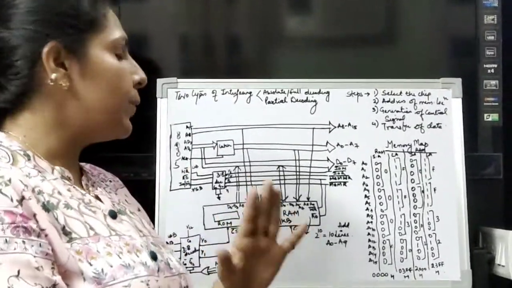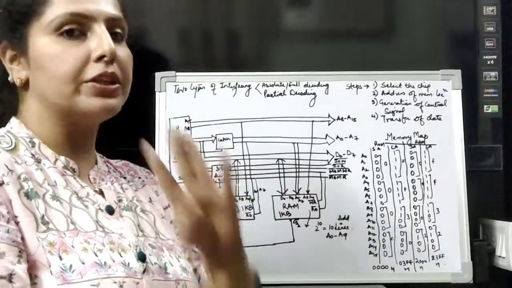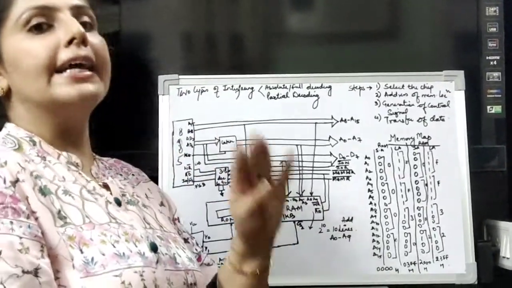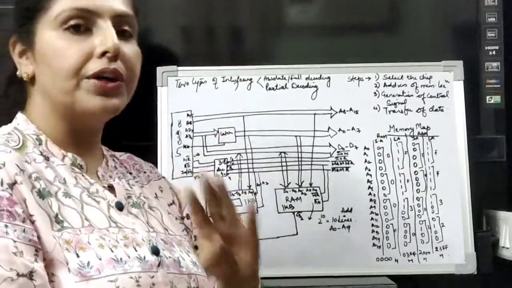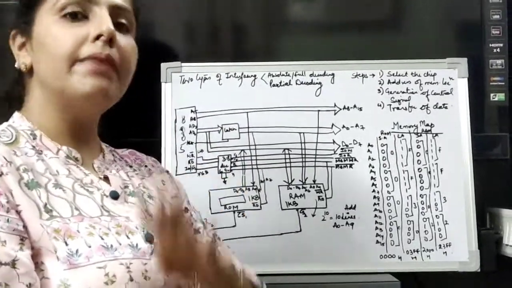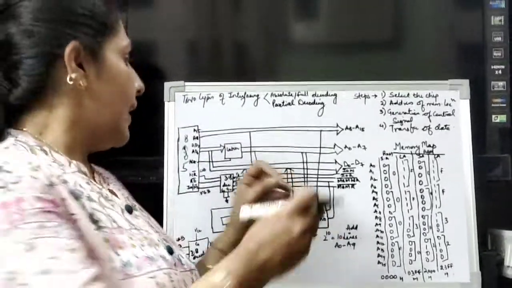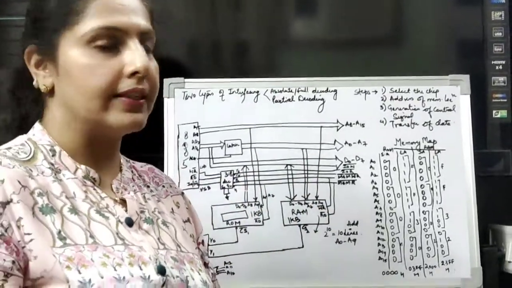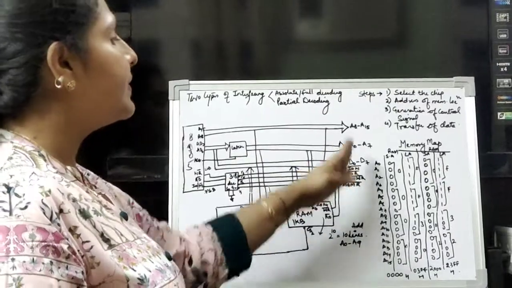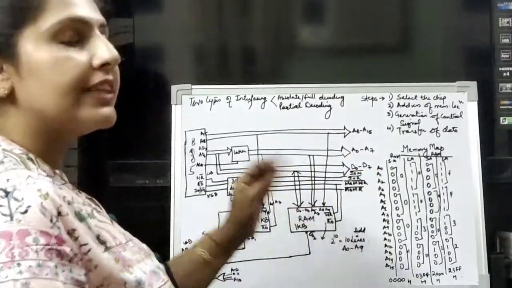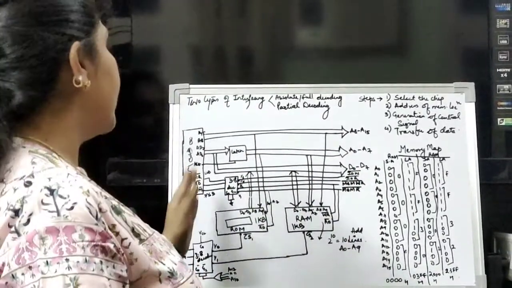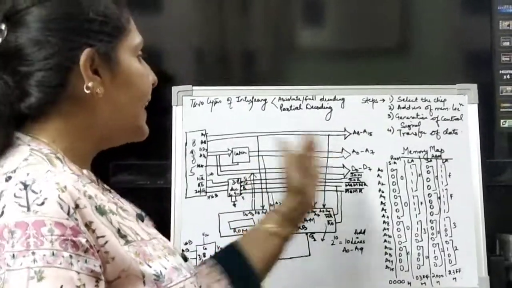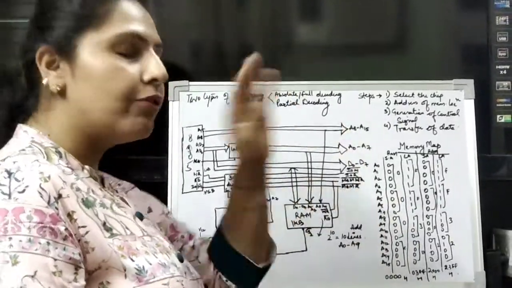I have already told you we are having 4 operations of microprocessor: input output read, input output write, memory read and memory write. Because with the memory interfacing we also use IO interfacing. So these 4 signals are generated with the help of a 3:8 decoder. We are having 3 inputs and 8 outputs. Out of 8 we are using 4 outputs.